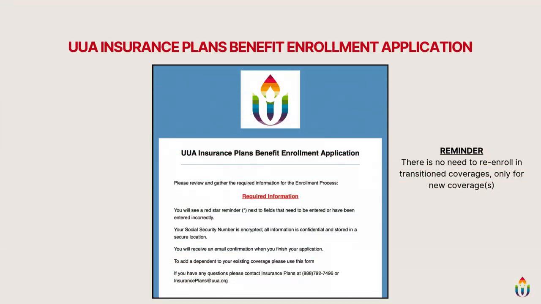One important reminder regarding the enrollment application is that there is no need to re-enroll in coverage that is already transitioning with the individual. The enrollment application should only be used for any new coverage being added or if there has been a gap in coverage. This is a common area of confusion.